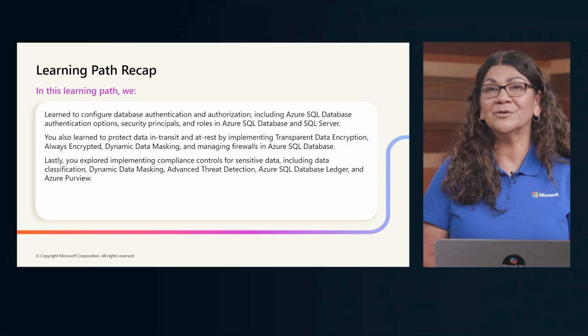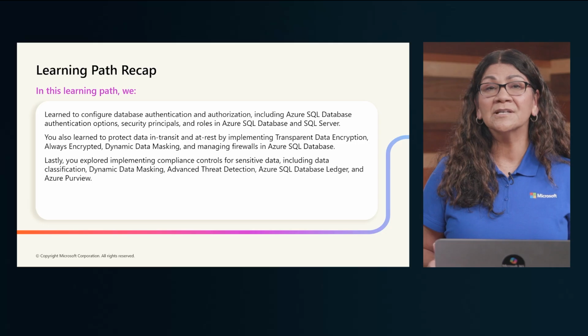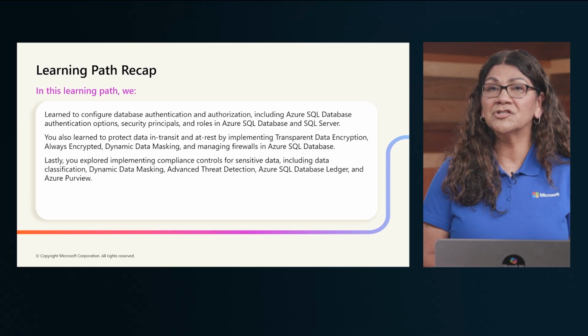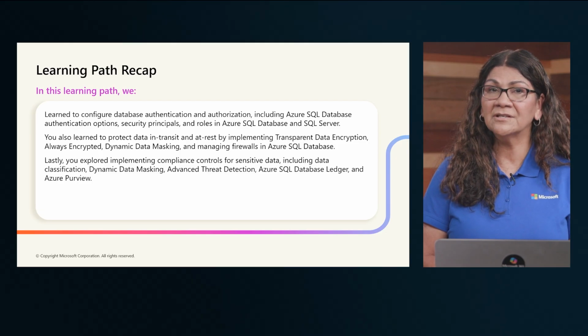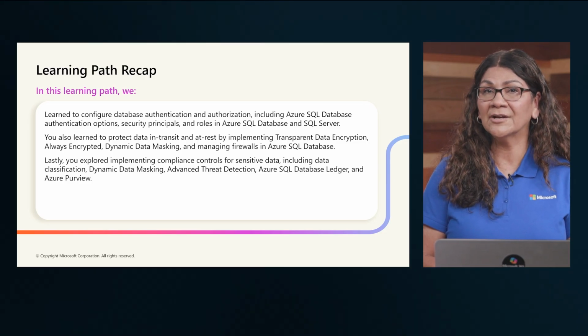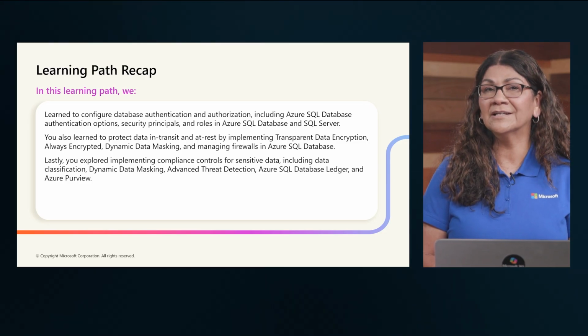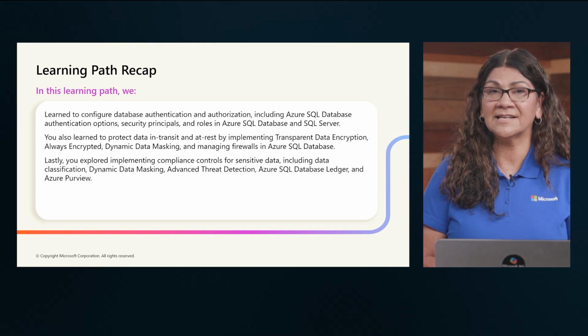Finally, we dove into implementing compliance controls for sensitive data, leveraging tools like data classification, advanced threat detection, Azure SQL Database Ledger, and Microsoft Purview to ensure integrity, traceability, and governance across your data estate.